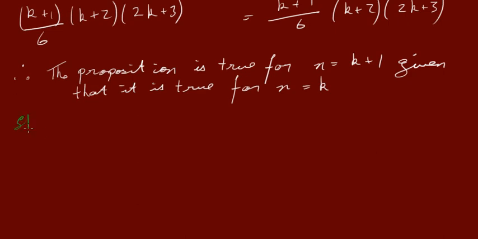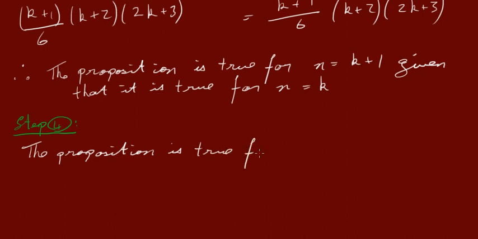So we're going to call this step 4. So we know that the proposition is true for n is equal to 1.